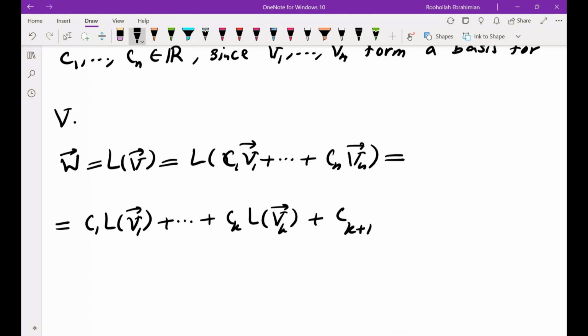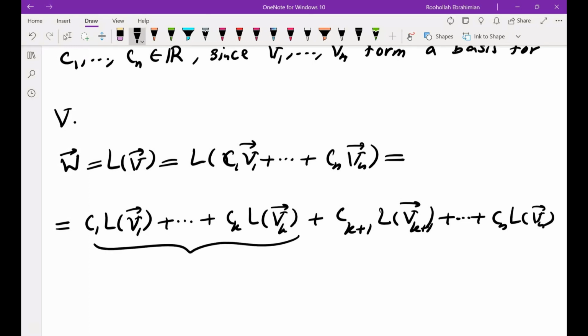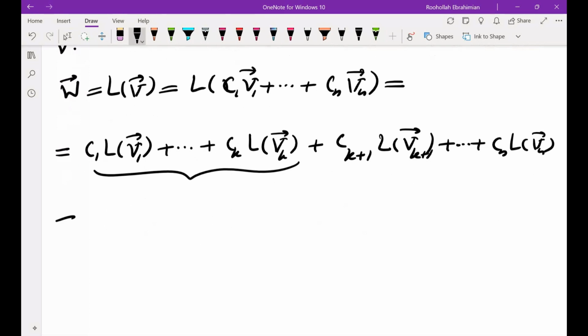The rest of them may not be 0. So this would be c_{k+1} L of v_{k+1} all the way to c_n L of v_n.